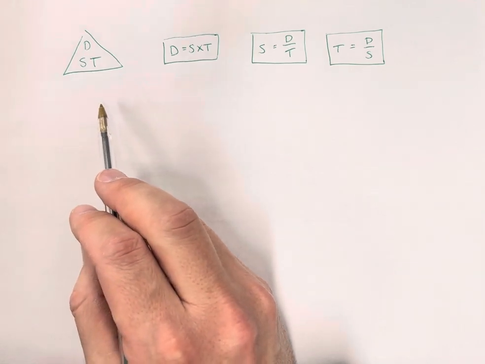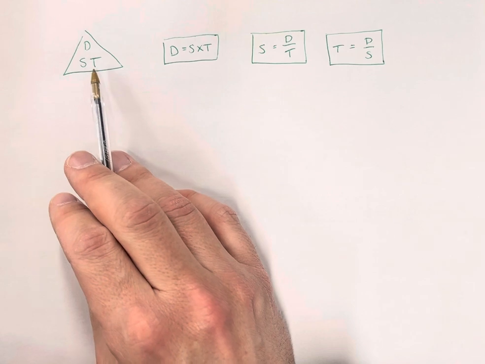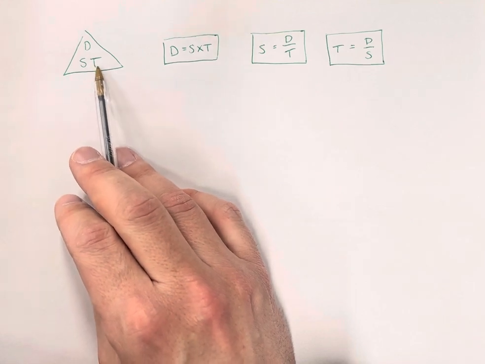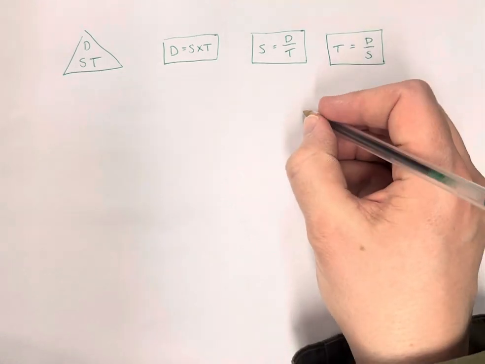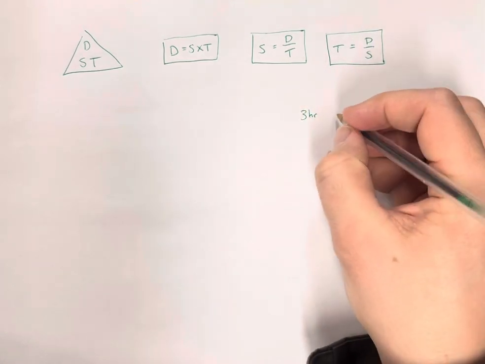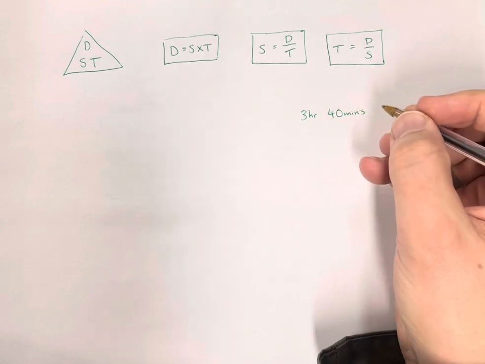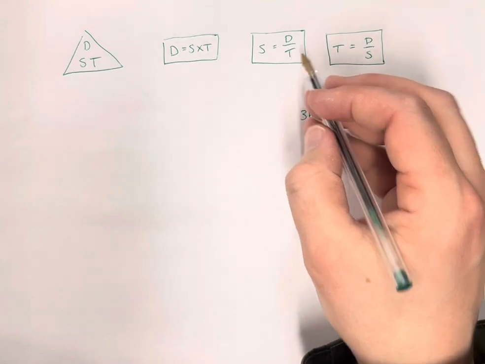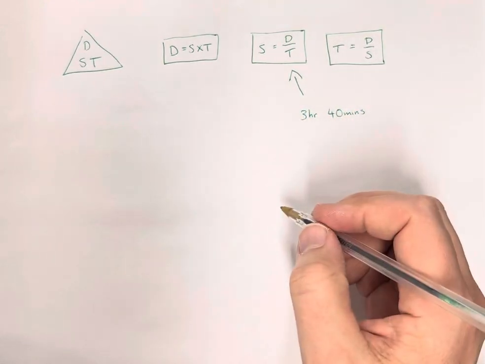Now, most of the time, you will be asked a question where you are given the time in minutes, or you might be given a time like 3 hours and 40 minutes. And let's say we're doing speed, okay? We're going to try and calculate the speed somebody's traveling at.